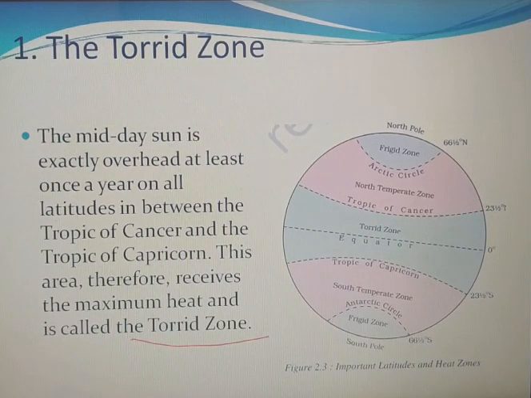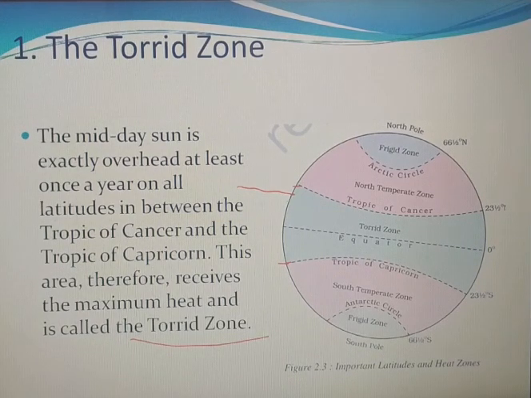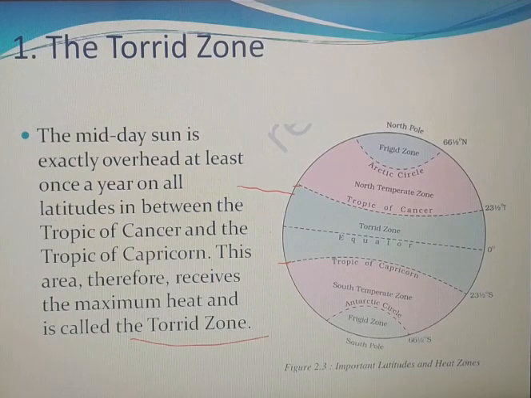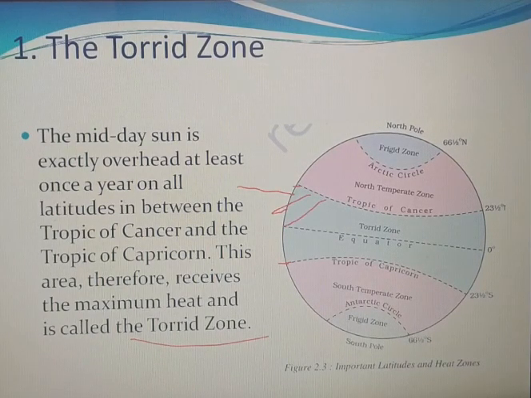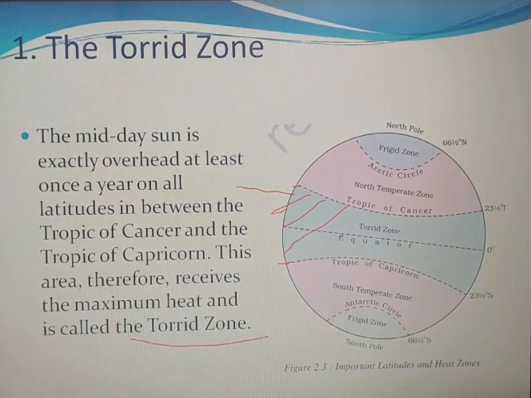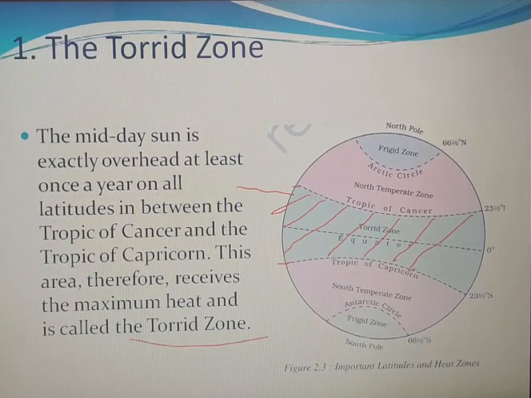So direct sunlight hits this area, from the Tropic of Cancer to the Tropic of Capricorn, at least once in a year. So this area receives high temperature, maximum heat. That's why it's called the torrid zone. The area that I'm drawing the line around is the torrid zone.